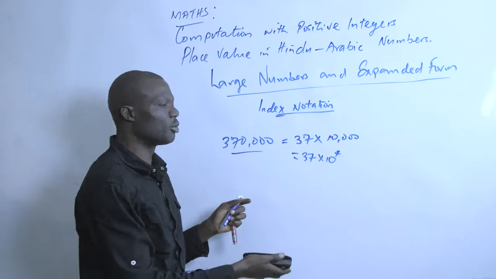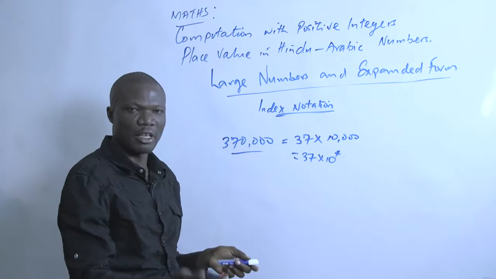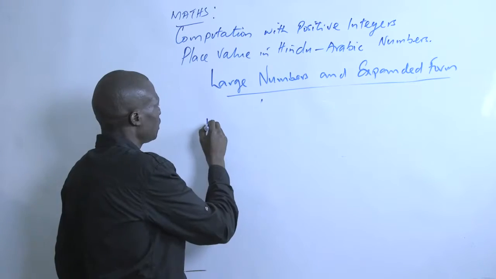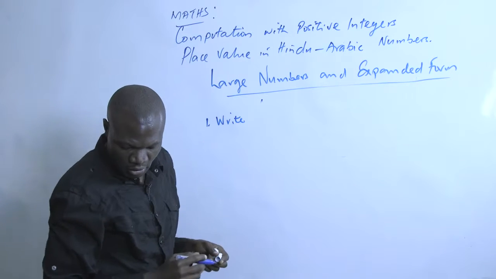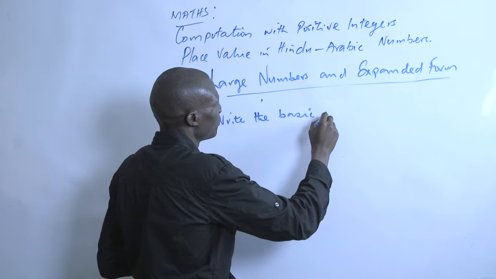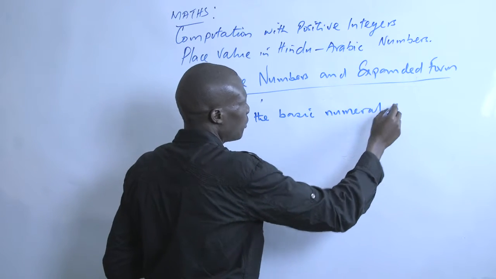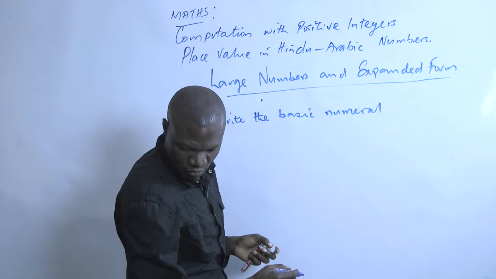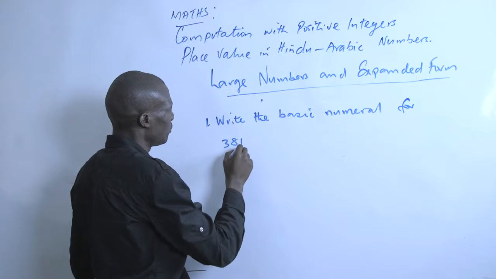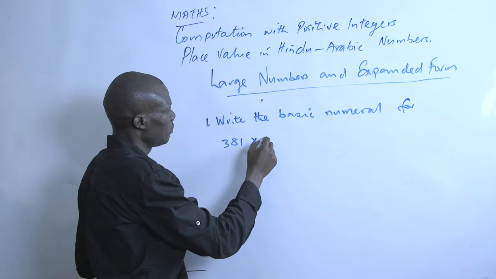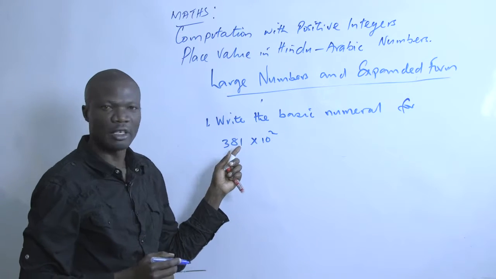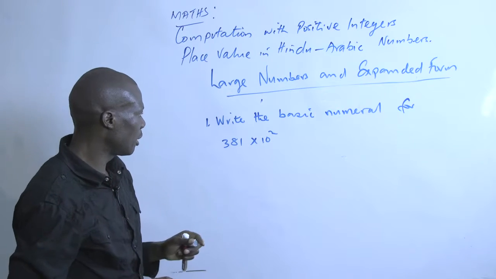We can also approach this problem the other way around by converting the index notation into a basic numeral. So, question: write the basic numeral for 381 times 10 raised to power 2.